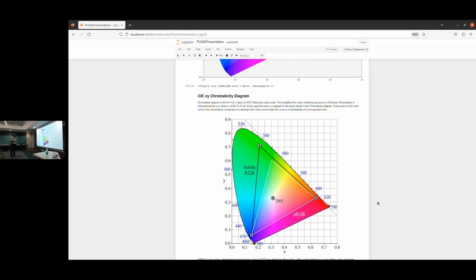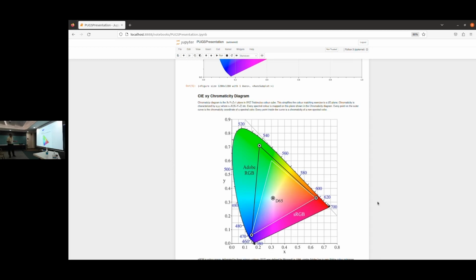So these triangles, sRGB from Microsoft and Adobe RGB, are what we call the color gamut. Anything inside this color gamut is what that particular color scheme can realize. These three points are called the three primaries for that particular color scheme, and any linear combination of those primaries will allow you to achieve colors inside.